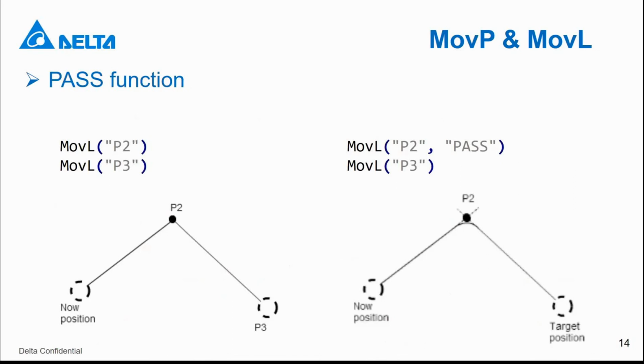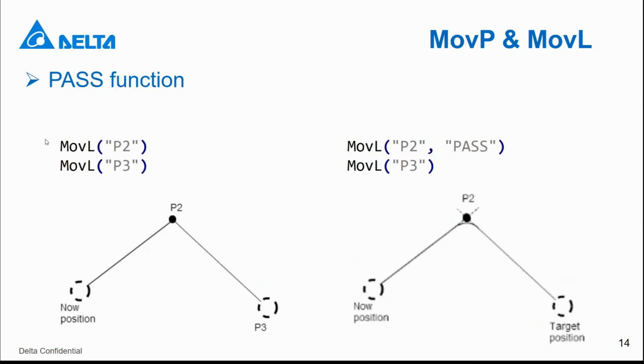For example, you can see here our target is point 3, but maybe there is an obstacle somewhere we need to avoid, and we cannot go through here. Then we must have a middle point to avoid the obstacle and then reach point 3.